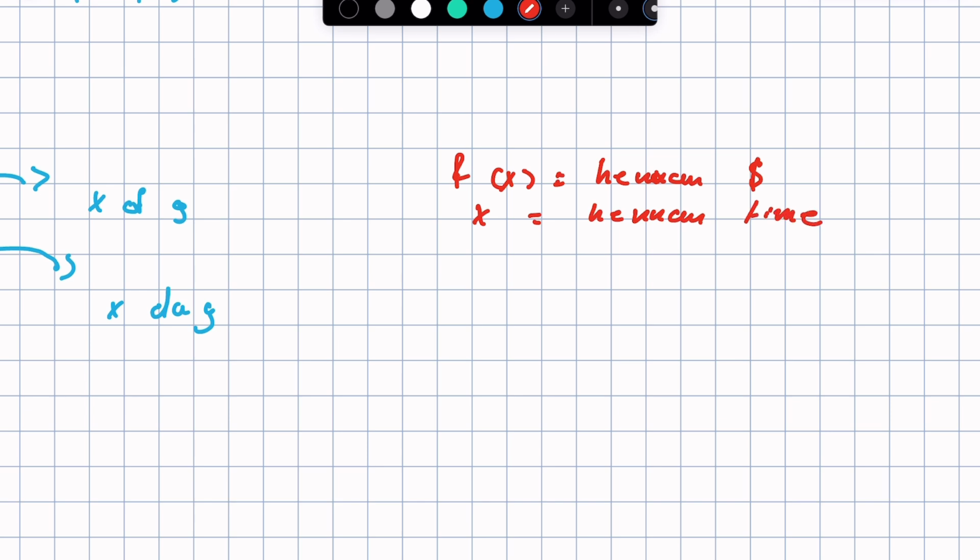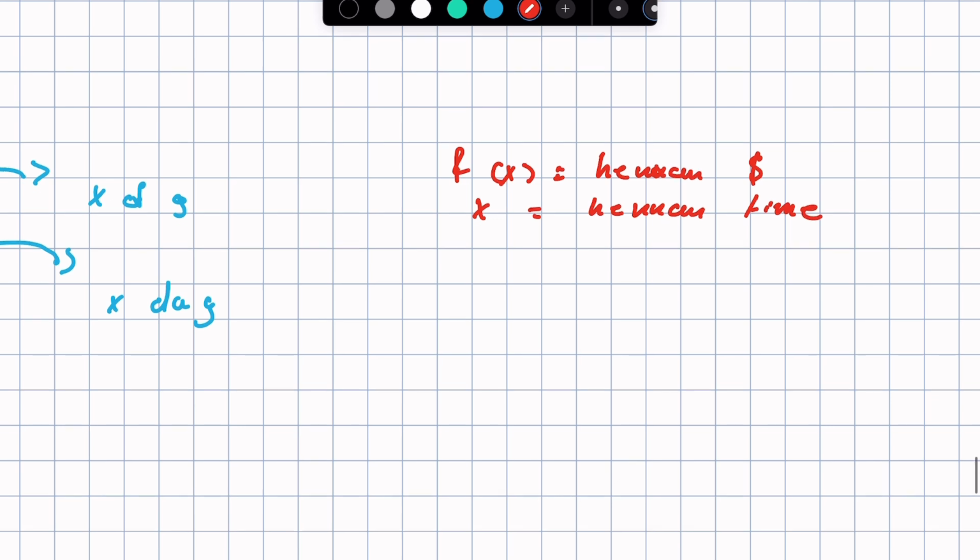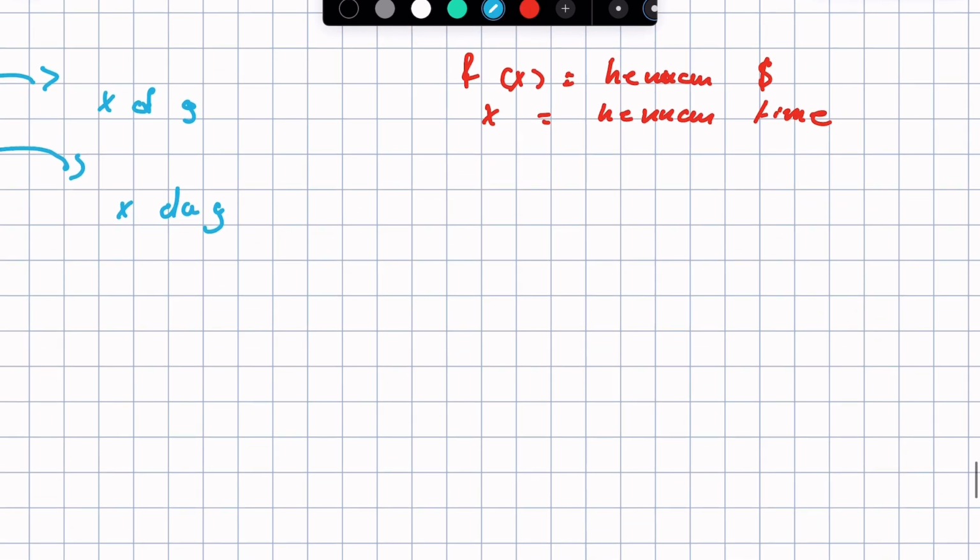So, we know a function that the g is Hannon's, I don't know, dot.